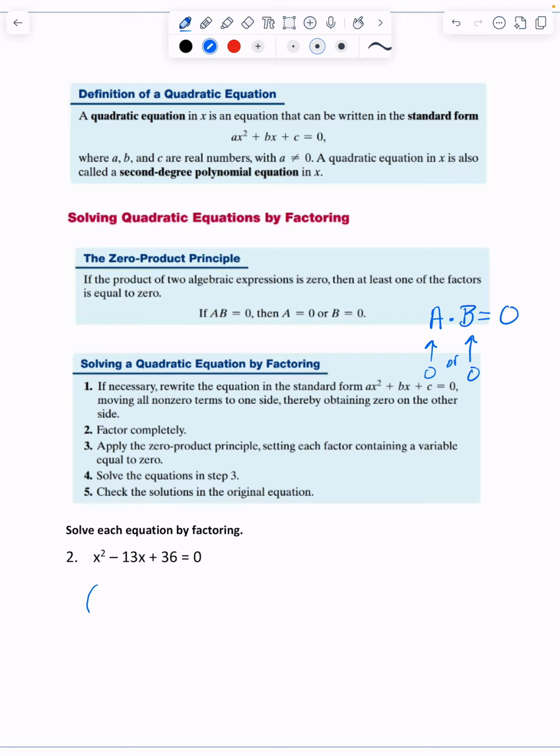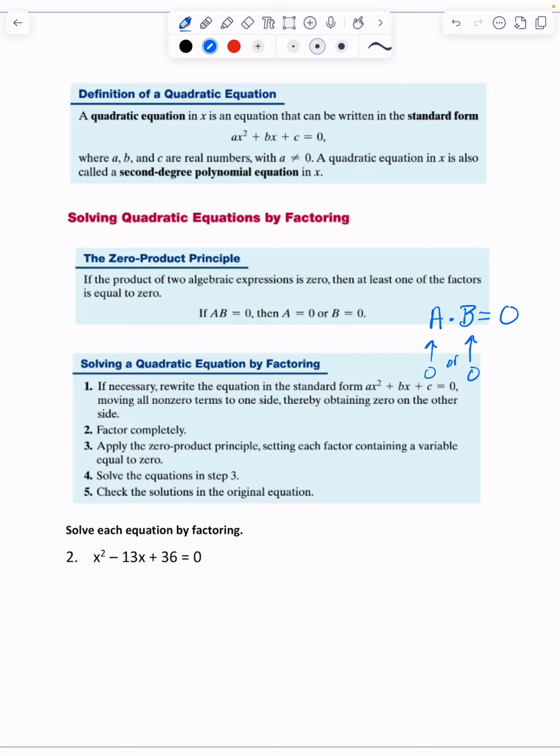The only way I can multiply two things and get 0 is if one of them happens to be 0. So using that, we're going to make sure that our equation is set equal to 0. We're going to factor completely, and then we're going to use that zero product principle to finish solving. And in every one of these, though I'm going to really concentrate on defining each type of how to solve, you should always check your answer.